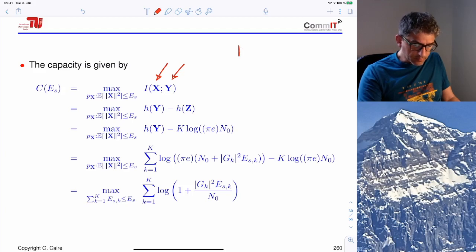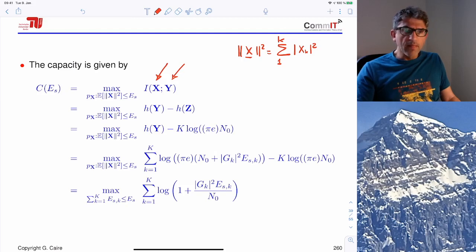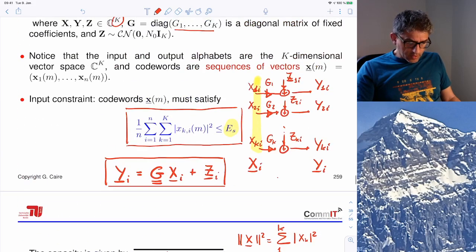Remember that this symbol applied to a vector means the sum from 1 to k of the components, magnitude squared. It is the squared 2-norm, which is exactly what is written here.